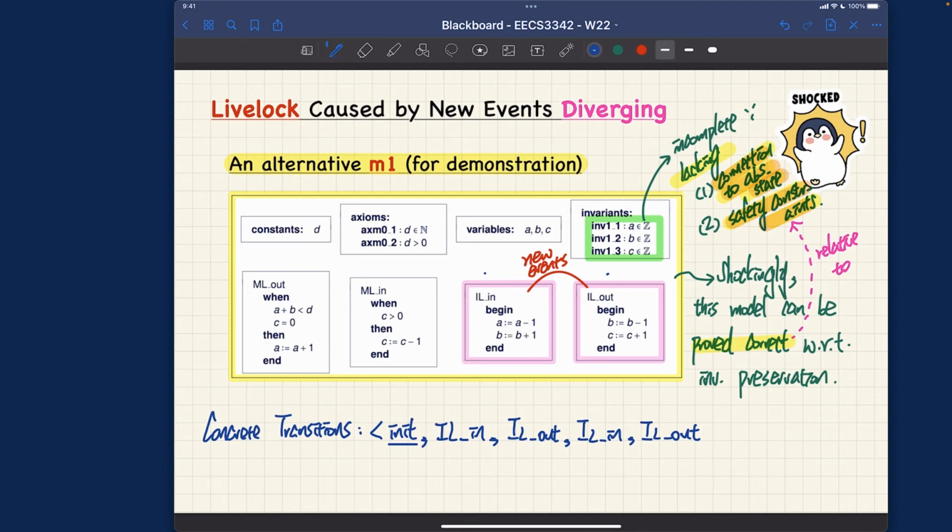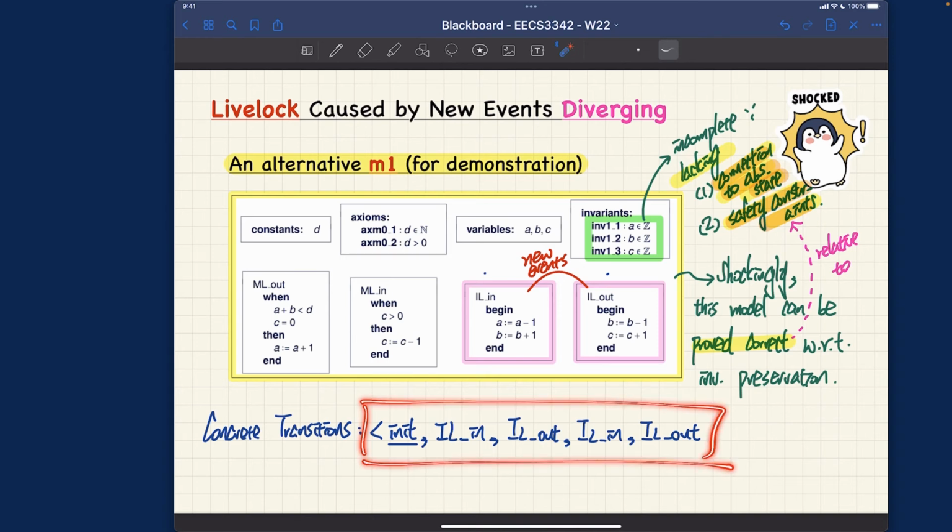All we focus on is whether or not this particular trace is actually possible for the system execution as an abstract state machine. The answer is yes, because these two events are completely unguarded, meaning that it is possible to have a particular system run where we simply get IL in, IL out, IL in, IL out. They simply interleave with each other indefinitely without ever allowing the actual ML out and ML in to occur. Right? So far, so good.